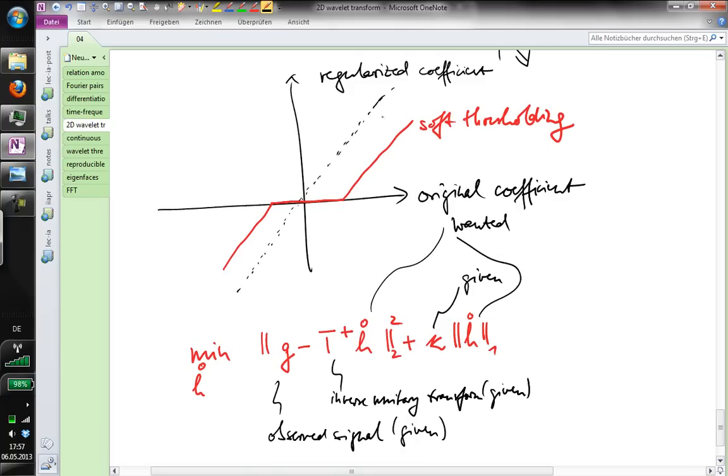And soft thresholding means I always make my coefficients smaller by an amount kappa, the same kappa that I had down here, if I put a 1/2 here. However, if the coefficients have been small, then I simply set them to 0. So this is what you see in this area here. This is called soft thresholding. And this problem here is known in the statistical community as the lasso.